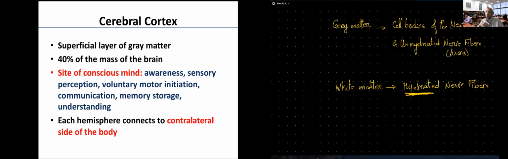If, for example, I am moving my right arm, the motor movement got initiated in my left cerebral hemisphere. So the left cerebral hemisphere is controlling the contralateral side of my body in terms of sensations and motor movement.